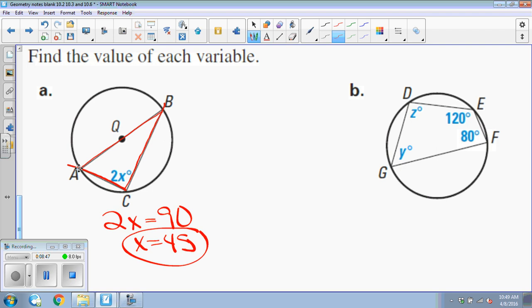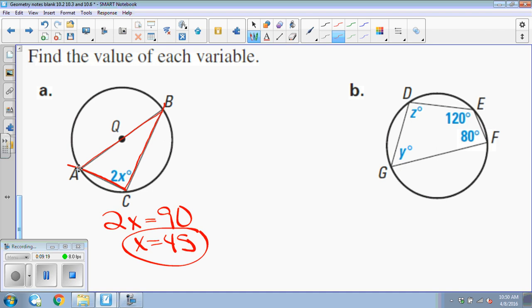The next example you will need to write down. This is just concept understanding. Now, for B, what do we see inside that circle? A quadrilateral. The theorem that involved your quadrilateral says that opposite angles are supplementary.